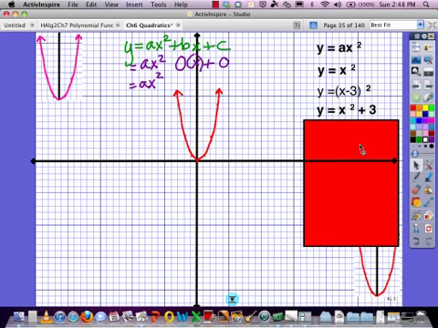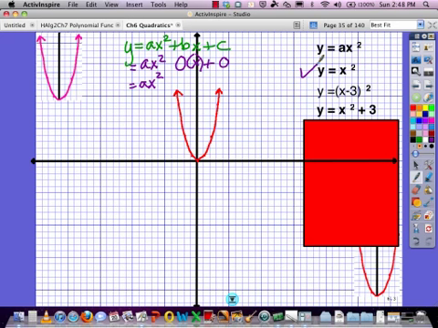Again, now what happens? Y equals x squared plus 3. What if that's our original equation? So it matches our y equals x squared from up here. But it also has that plus 3. So go ahead and graph that with the help of your grapher.